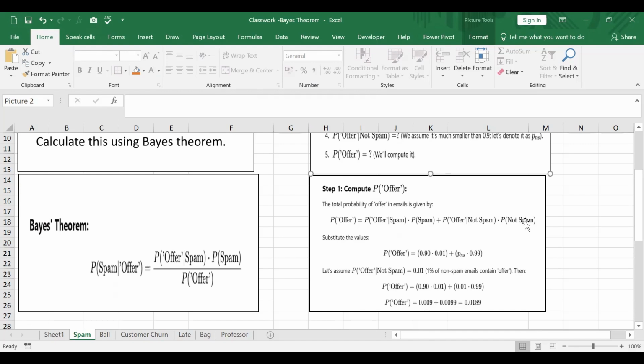And this is given here, 1 minus 0.01, that is 0.99. So when you fill up these things, we get P of offer as 0.90 into 0.01 plus 0.01, that's what I assumed, into 0.99. So that comes to 0.0189. So we have to use this P of offer as 0.0189.